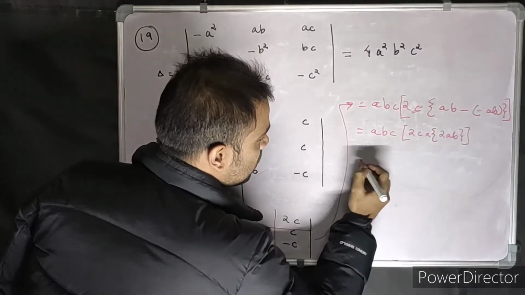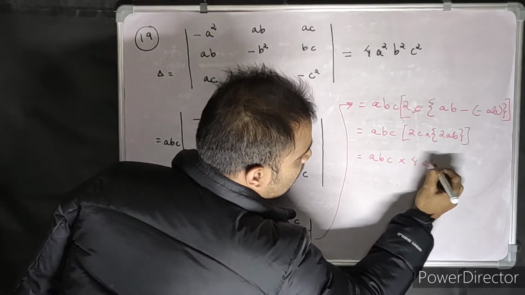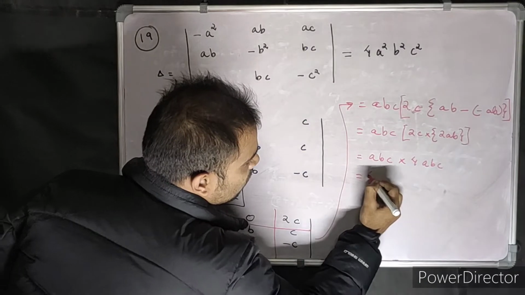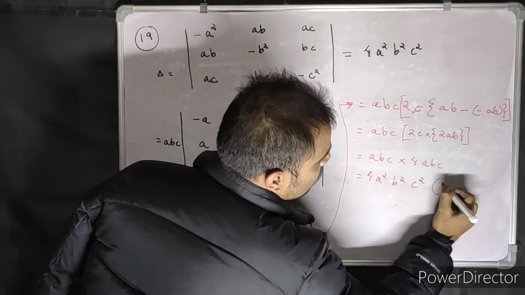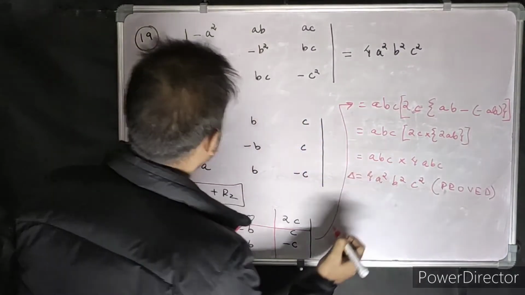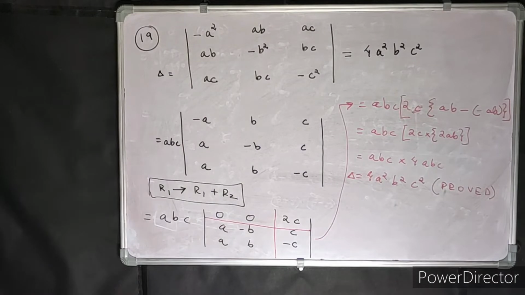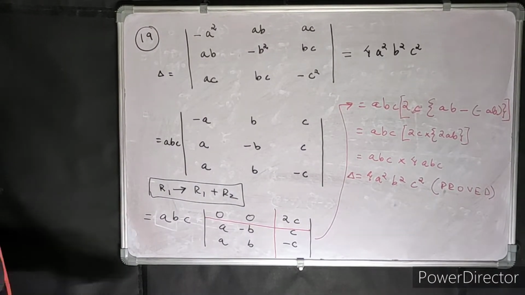This is multiplied actually. So ABC into 4ABC, that is 4A square, B square, and C square. So this is proved, and that's the answer. That determinant we started from, we have proved it. Then let's go on to question number 20.